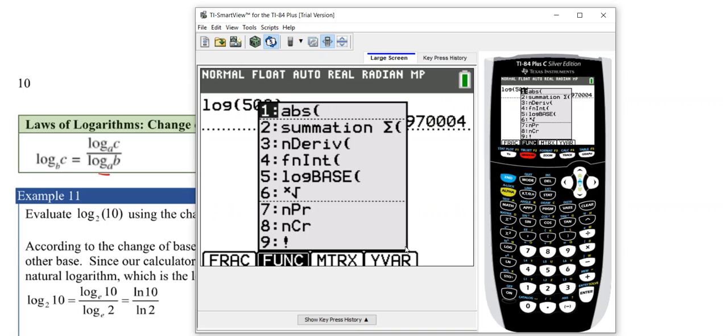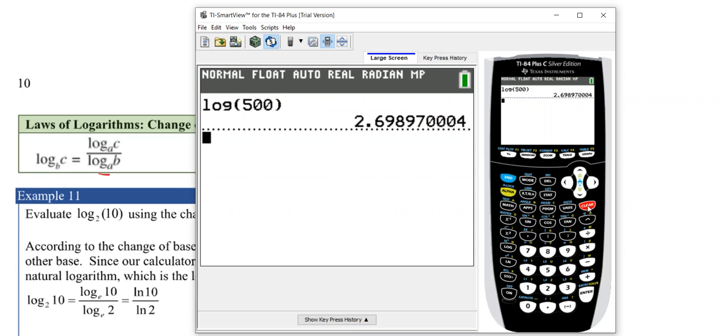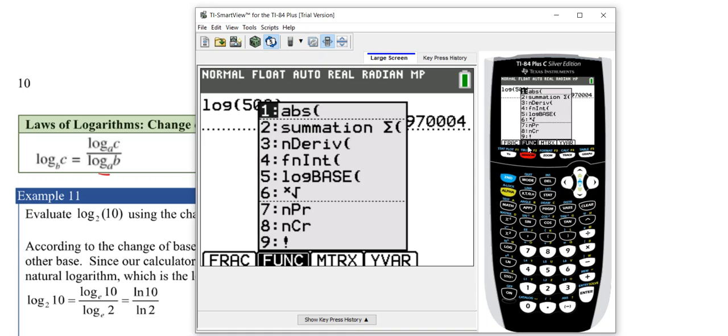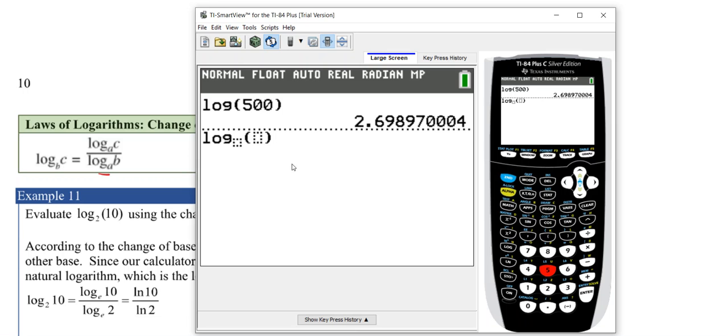I'll clear this and type in both. If you have the other way, you can go alpha f2 and then log base, so that would be log base 2 of 10, and that's approximately equal to that.